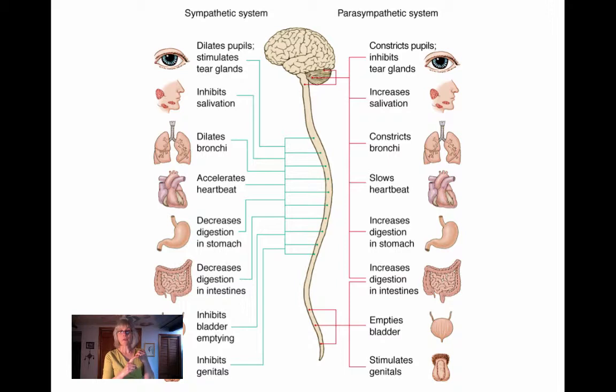If you were to run up and down the stairs right now, your sympathetic nervous system would be much more active. If you are anxious or if you are afraid. And in each of these situations, your pupils tend to dilate, you have more difficulty breathing, and your heart rate is faster, and you stop digesting food.